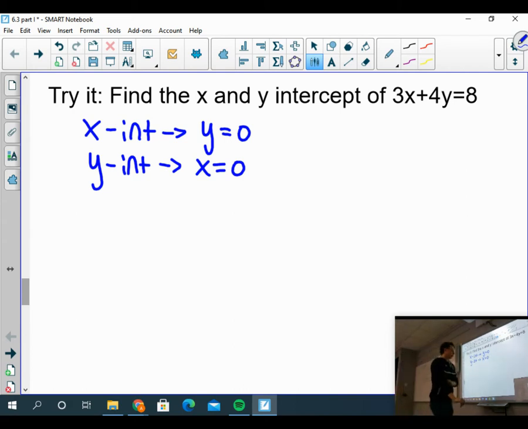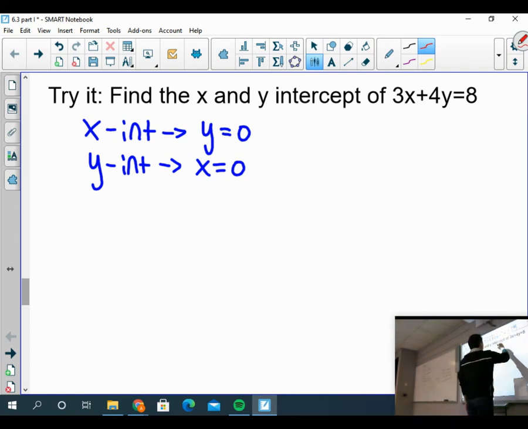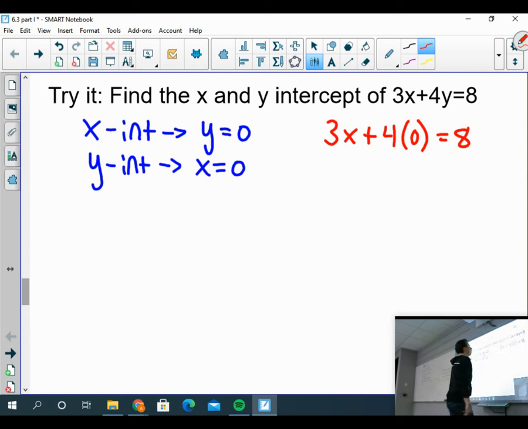So what are we going to do? Well, to find my x-intercept, I am going to plug in 0 for y. When I do this, I get 4 times 0 is 0. So I just get 3x equals 8.